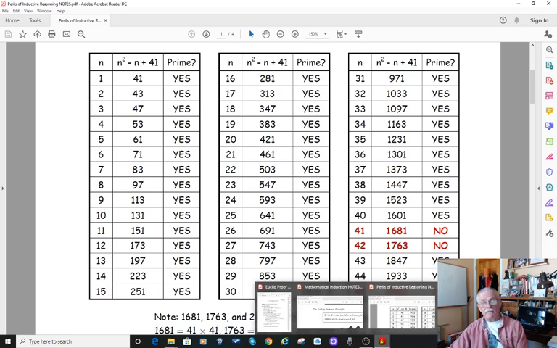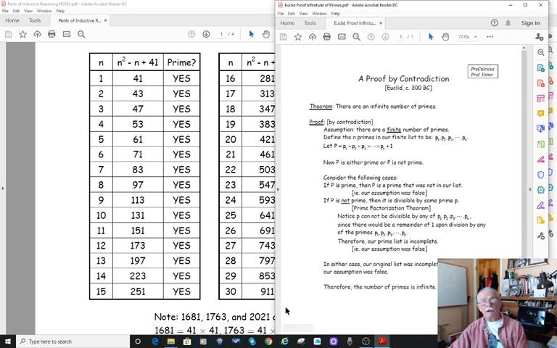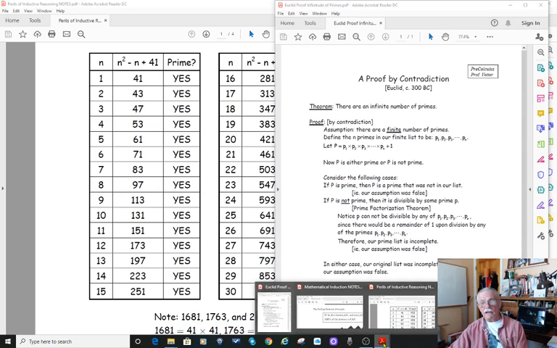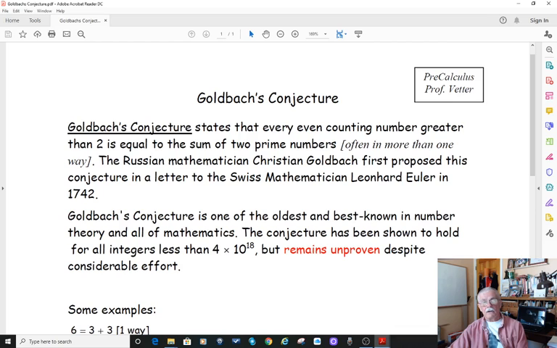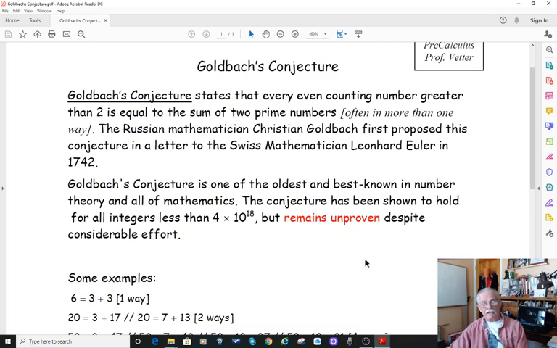And that's kind of amazing, but I don't want to do that yet. With Goldbach, this has been tested up to 4 times 10 to the 18th. So that's a 4 followed by 18 zeros. Most of us will probably have billions and billions of them. It remains unproven, despite the fact it's been verified up to this incredible number.